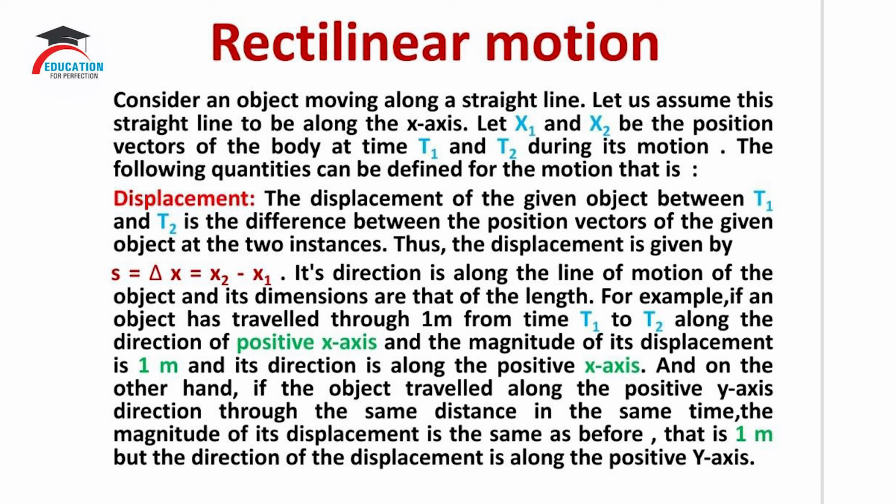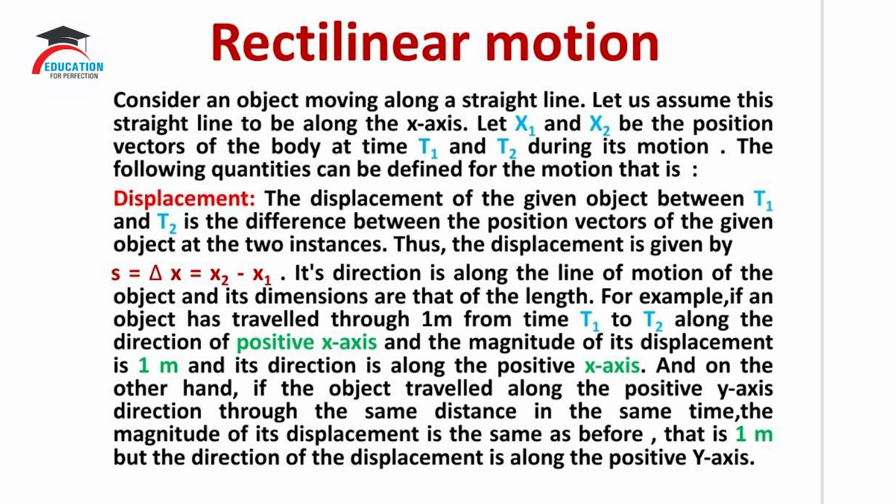Consider an object moving along a straight line. Let us assume this straight line to be along the x-axis. Let x1 and x2 be the position vectors of the body at times t1 and t2 during its motion.